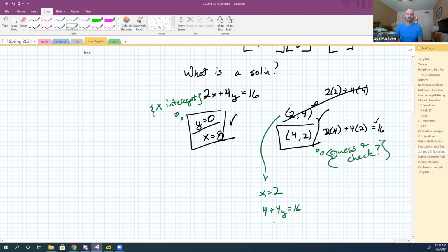Let's see, so I subtract and then divide, I get y is 3. Okay, so the point 2 comma 3 is also on here. You guys see that? How many solutions am I going to be able to find?